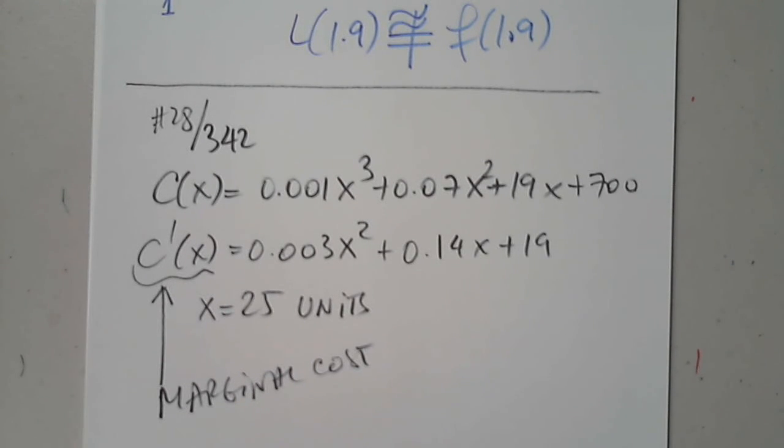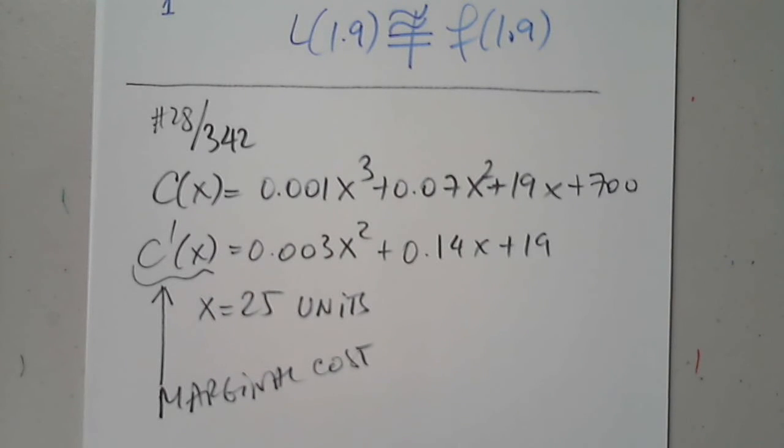y equals, clear everything, and punch in 0.001 x cubed, and then plus 0.07 x squared, and then plus 19x, and then plus 700.